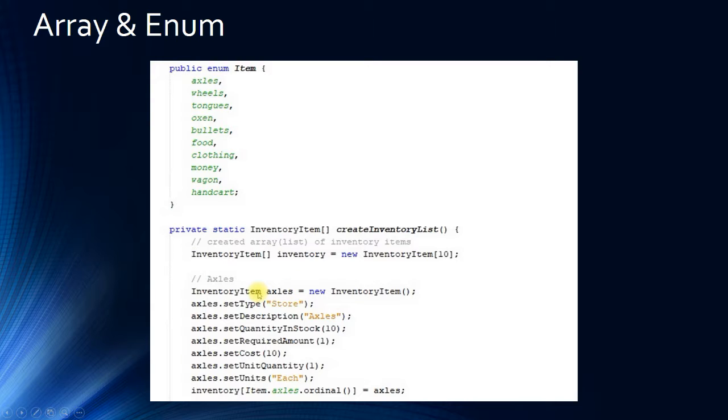And then we start to assign values to those array items, and we reference the inventory ordinal. We reference the index value through the enum above. So this will be item 0 in the array.